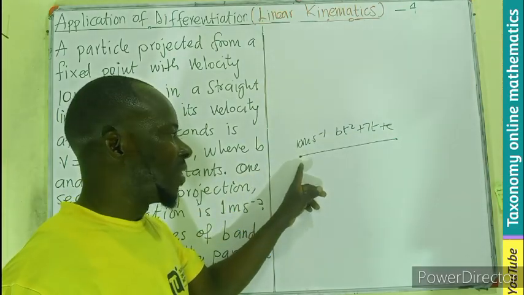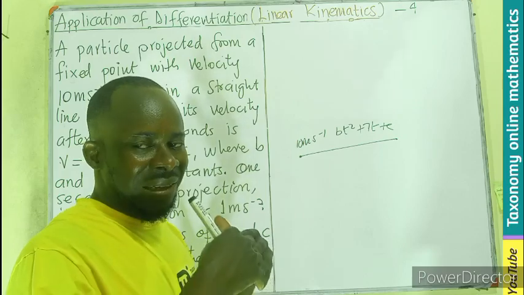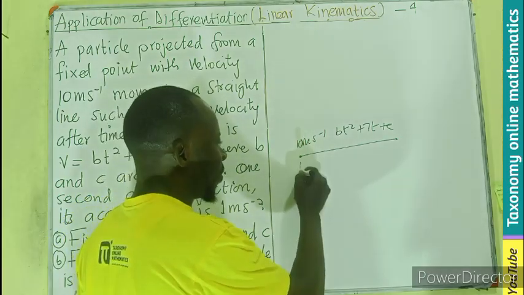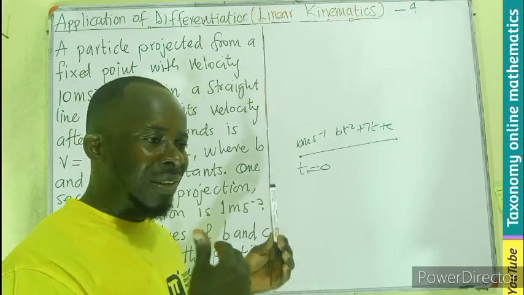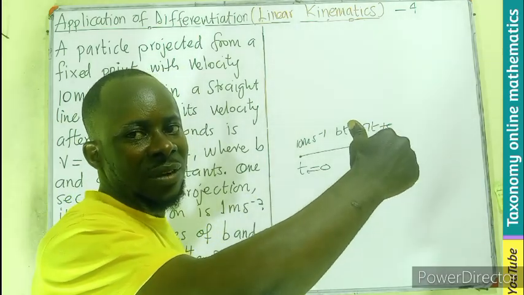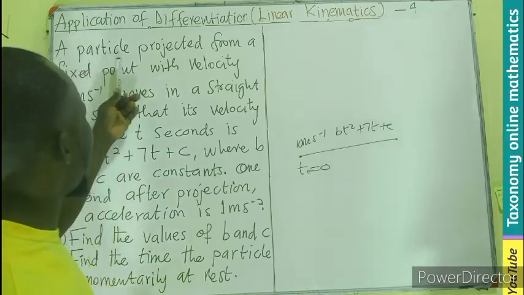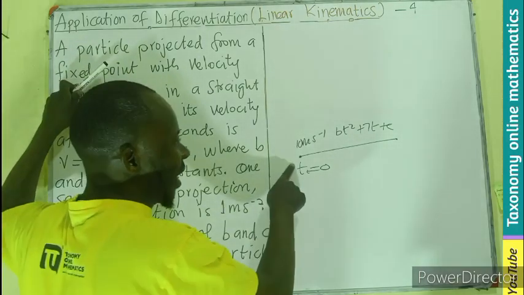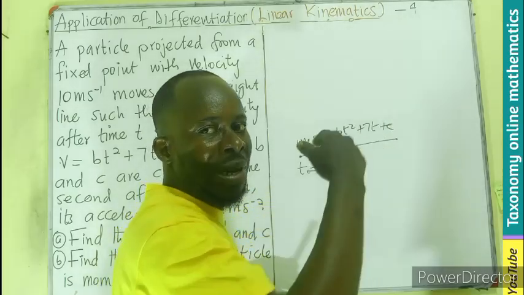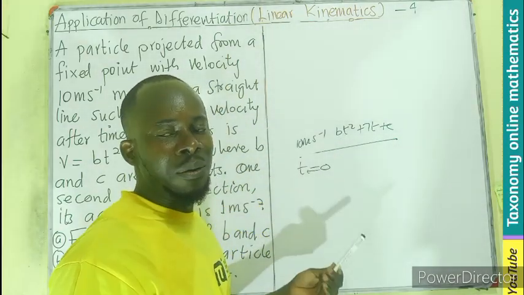At the point that the body is starting, at that starting point, the time is going to be 0 seconds. It's yet to start. So at the point where the particle is being projected from a fixed point, it possesses a time of 0.